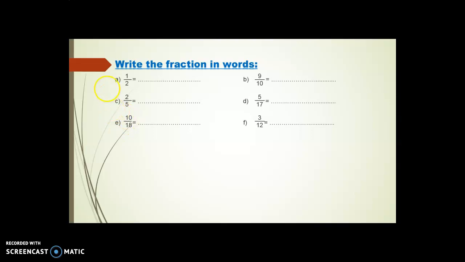Number A, 1/2, it's half. Number B, 9/10. 2/5. 5/17. 10/18. 3/12.